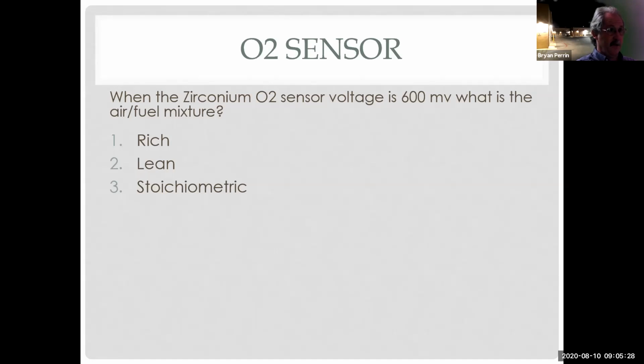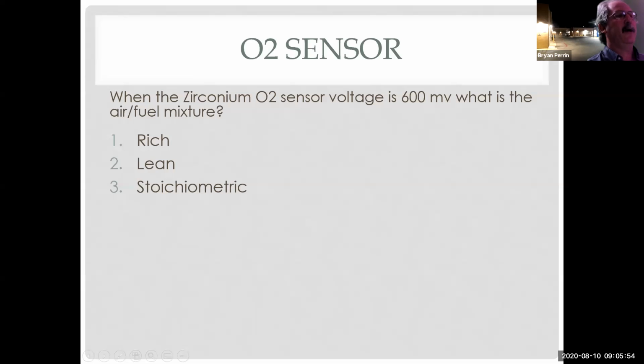It's lean, but stoichiometric is 450 millivolts, basically. We use that as a switch point. If I have over 450 millivolts, I would be rich. If I'm under 450 millivolts, I would be lean.